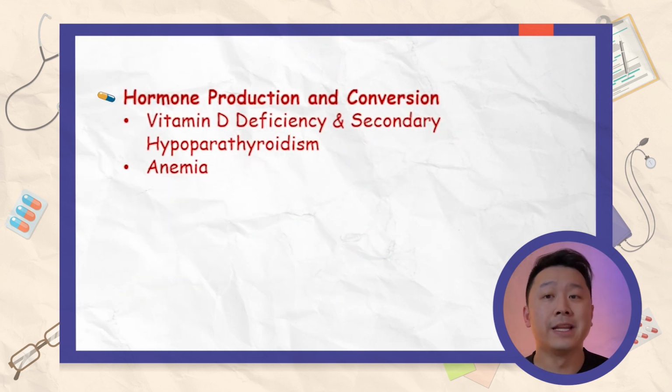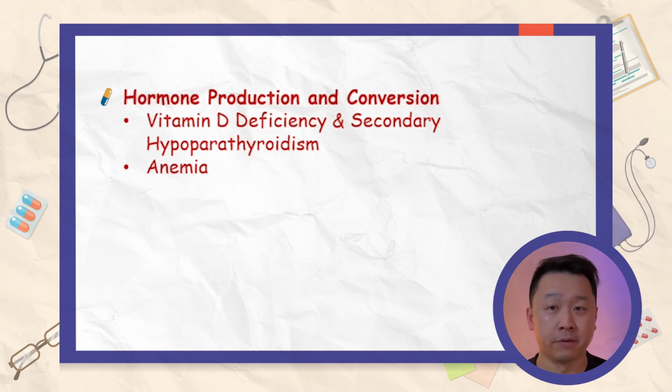For the production and conversion of hormones, the lack of conversion to the active form of vitamin D may lead to the lack of absorption of calcium, which in the long term may result in the prevalence of osteoporosis. The decrease of GFR is also associated with secondary hypothyroidism, and this is thought to be due to the less excretion of iodide, which results in the increased uptake of iodide by the thyroid gland, and as a result, blocks the thyroid gland from making thyroid hormone.